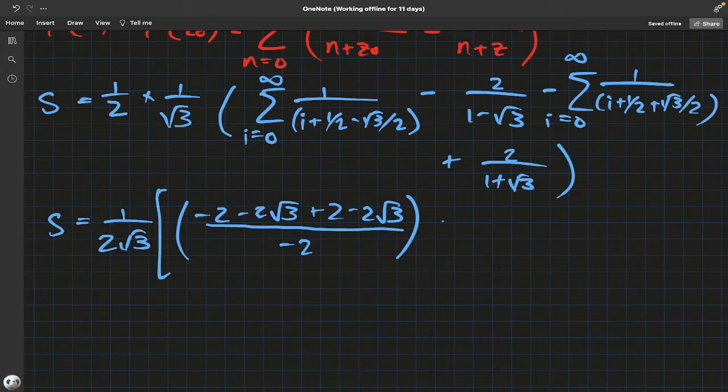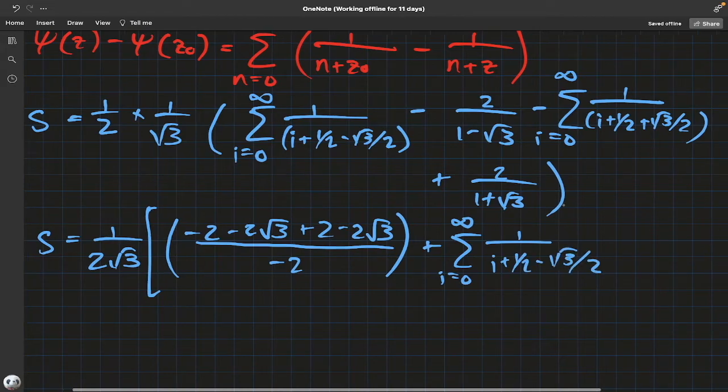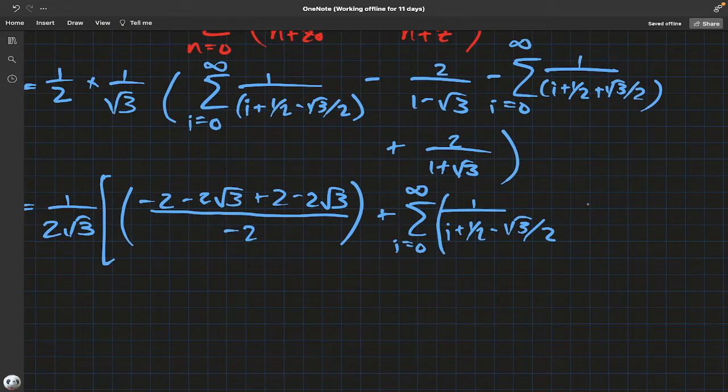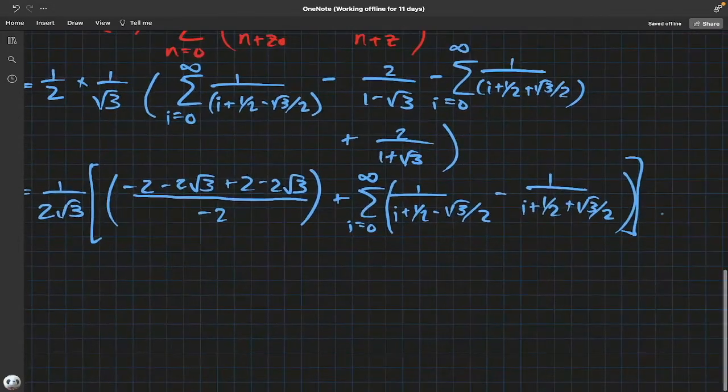That's your first term. And then you have a difference of these guys as we planned to set them. Yeah, my brackets weren't large enough.